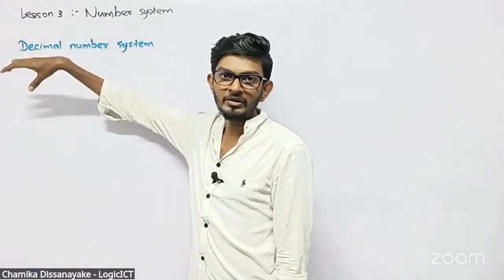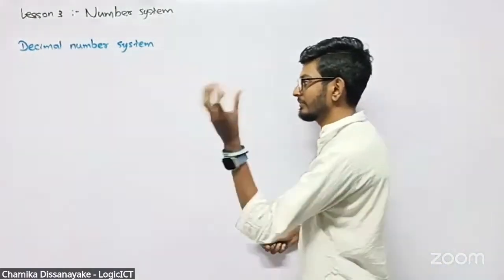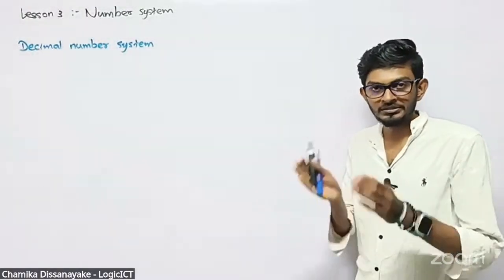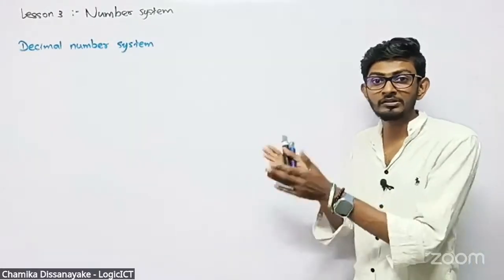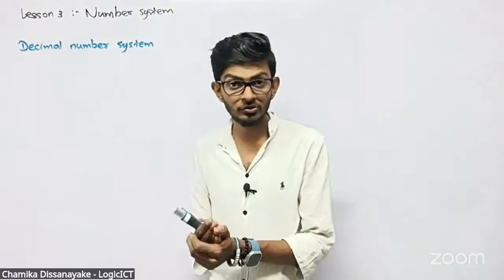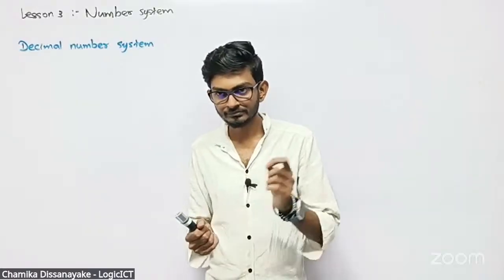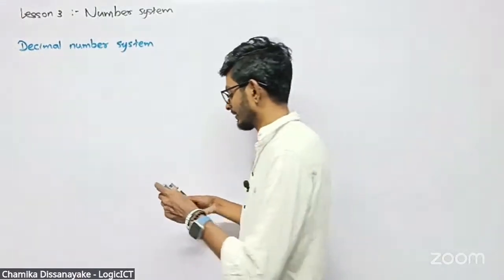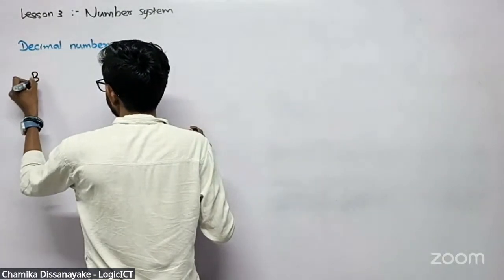That means in our decimal number system, we use 10 different symbols for the representation of numbers. And the other thing is, there is a keyword, base.